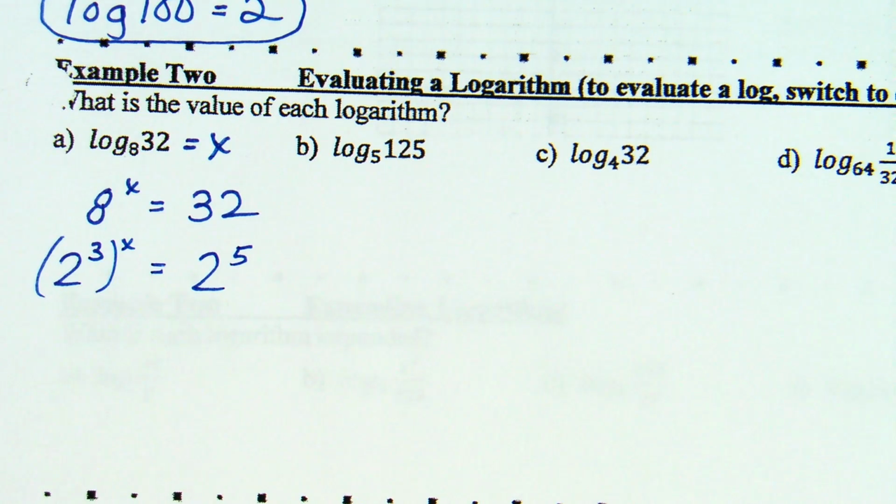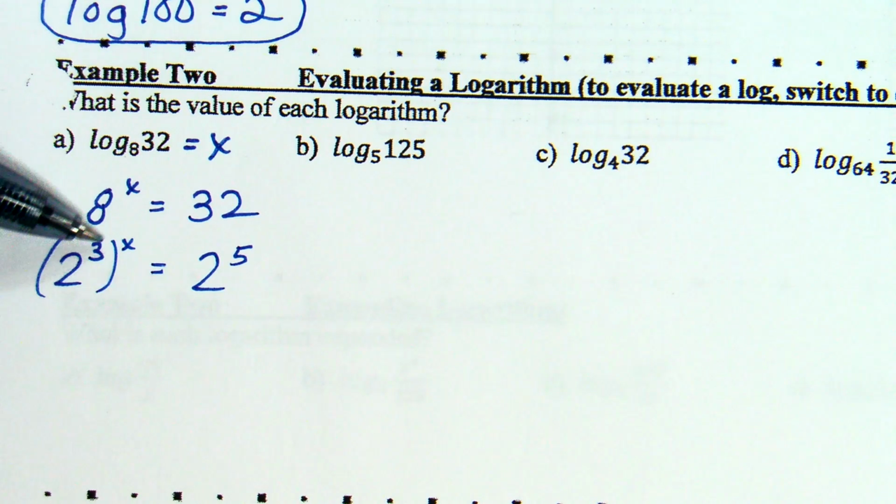Yeah. Okay. The idea that 8 is 2 to the third, 2 times 2 times 2. 32 is 2 to the fifth, 2 times 2 times 2 times 2 times 2. They have the same base. That's the important thing. Now, okay guys, what do you remember about exponent rules? If it's 2 to the third raised to the power of x, what do you do when you raise a power to another power?